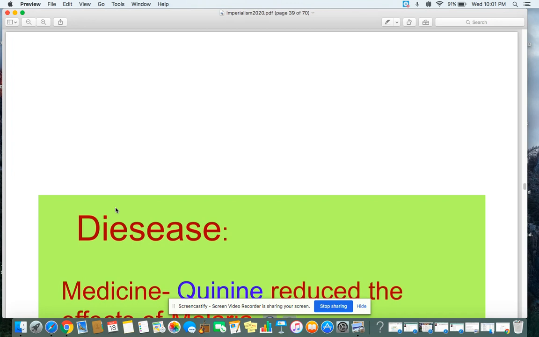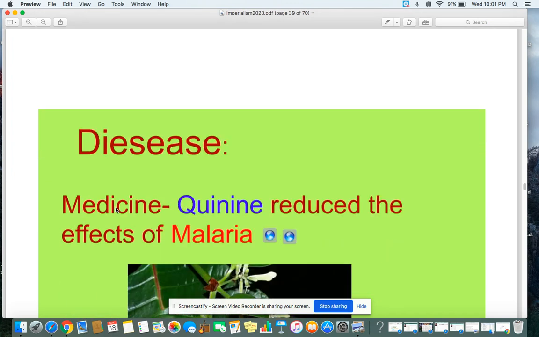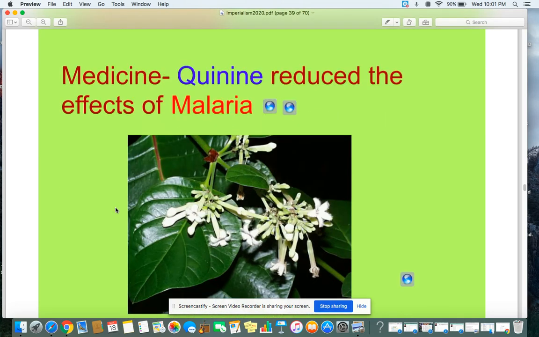From my understanding of the story, although I need to do some more research on it, they were able to deduce how to do this, and they were able to get this medicine, which didn't cure malaria, didn't really stop it, but it reduced the negative effects of malaria. And I put some links about malaria that you don't have to look at, but they're in the yellow on our week's page as well that I think you might find interesting.